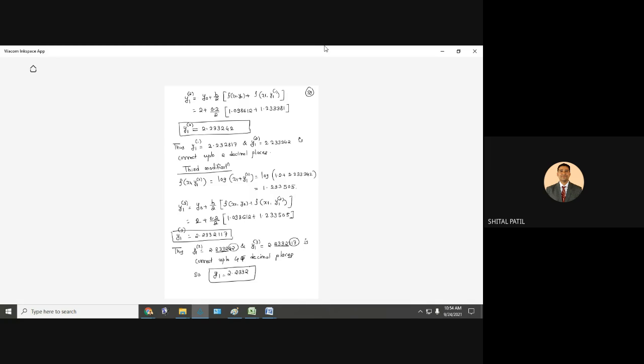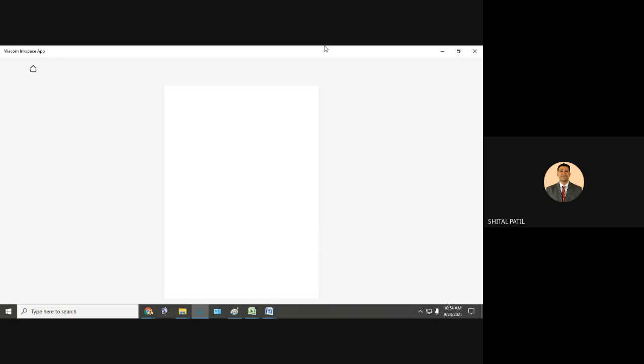On the next page, let me change the page. This was the first part. Now, to find y for x equal to 1.4, where do we have to start?